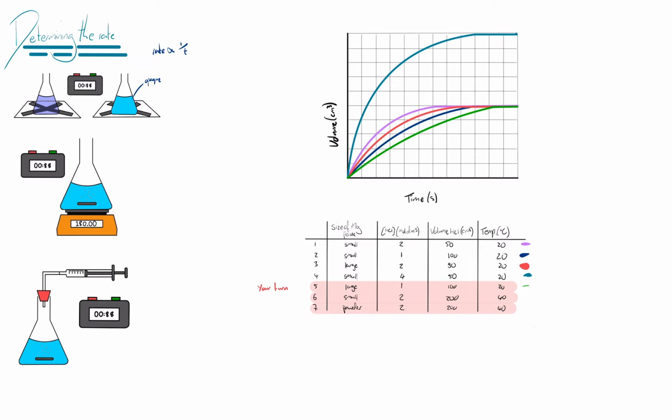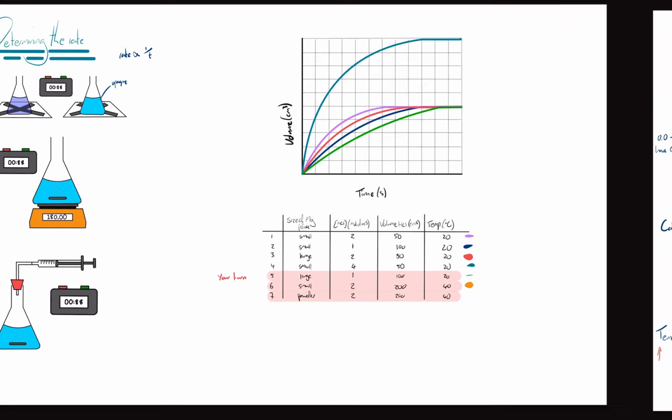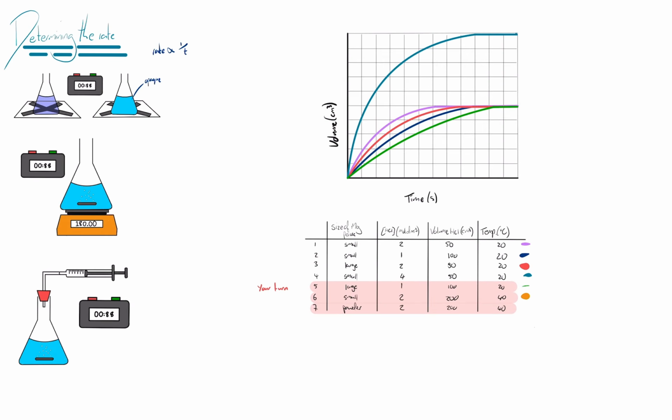Let's use orange for this. Again, I'm going to say this is much more than double the rate because we've got a much higher temperature. But in reality, it'd be tough to know where it is in comparison to this one.